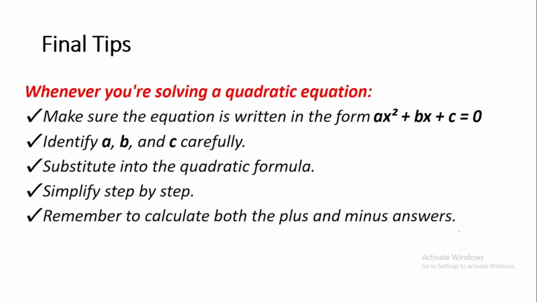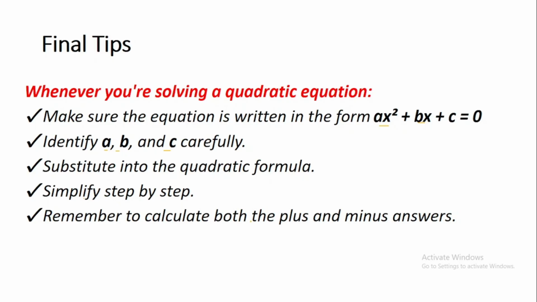Final tips: whenever you're solving a quadratic equation, one, make sure the quadratic equation is written in the form ax squared plus bx plus c is equal to 0. Then identify your a, b, and c terms carefully. Next, substitute the a, b, and c in the quadratic formula, and after that simplify step by step.